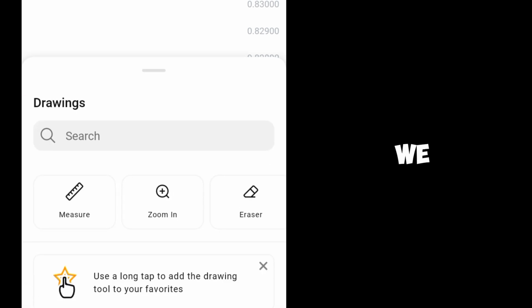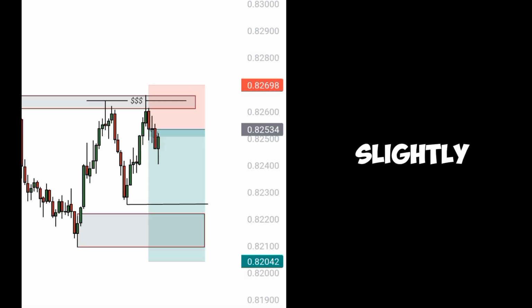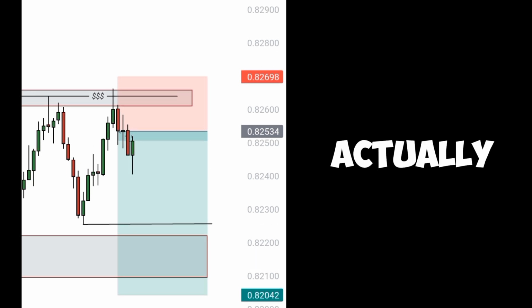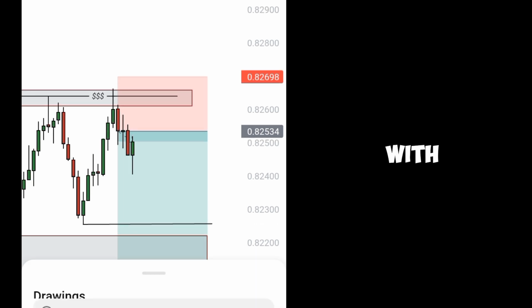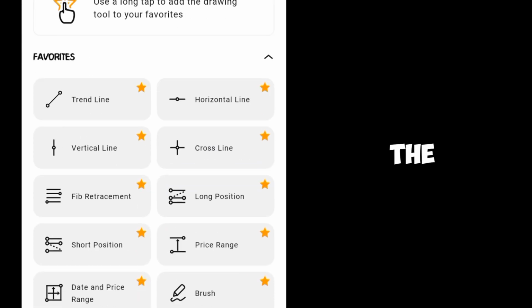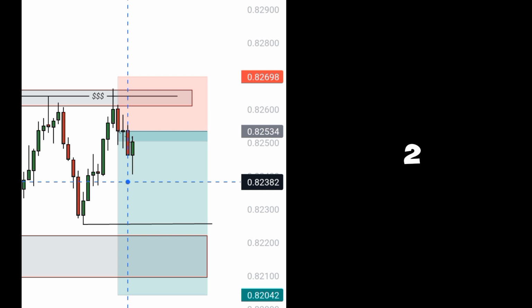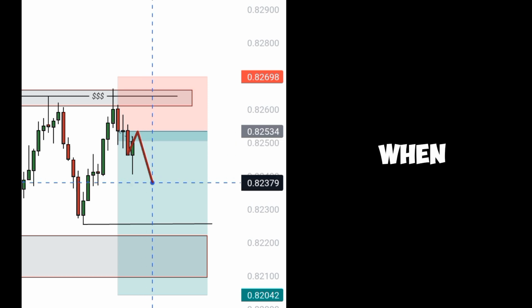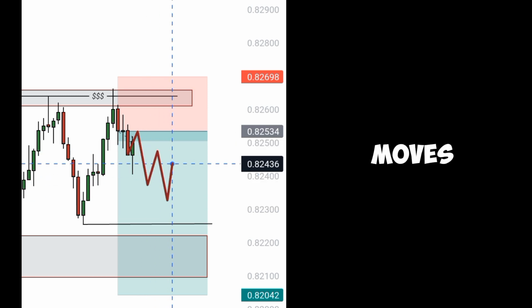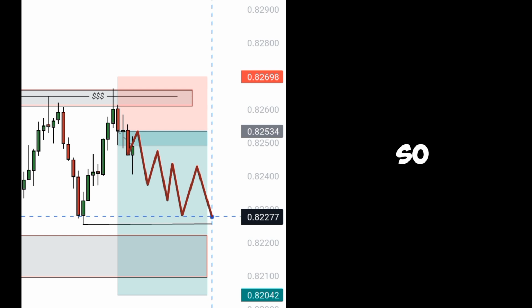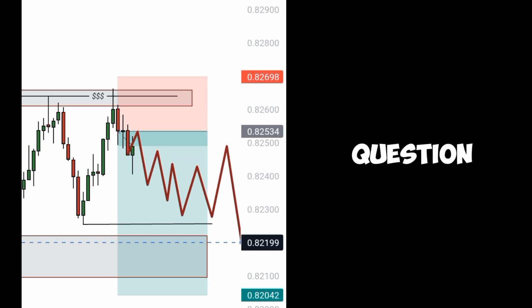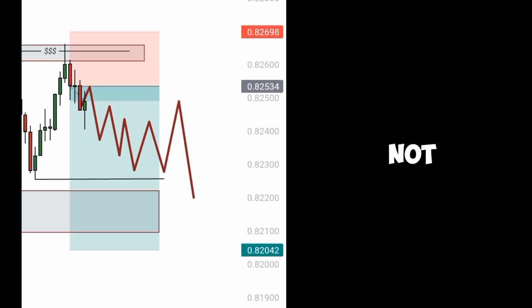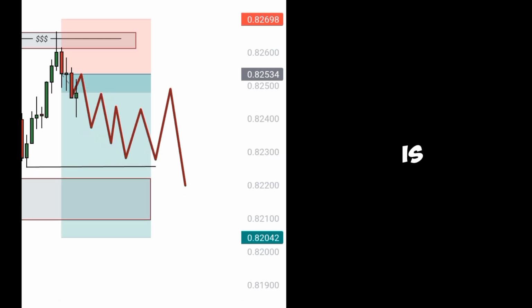Now before we go, let me just talk about something slightly that I figured out that a lot of traders actually have issues with. So we have the 1 to 2 is fine, 1 to 3 is good, but the issue that many people have is when the market starts making these kinds of moves. So the question is not about whether or not 1 to 3 is good or 1 to 4 is nice.